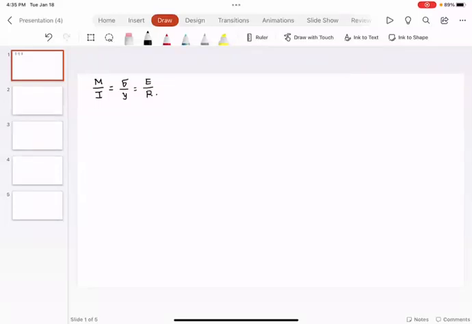Now this is called the fundamental equation of bending.